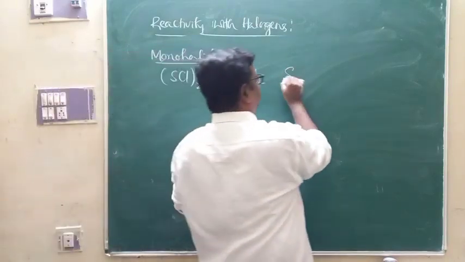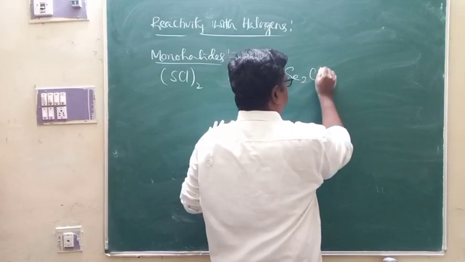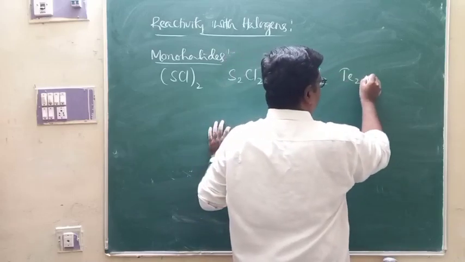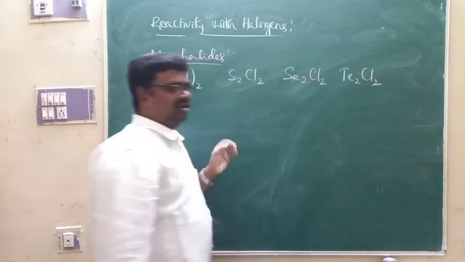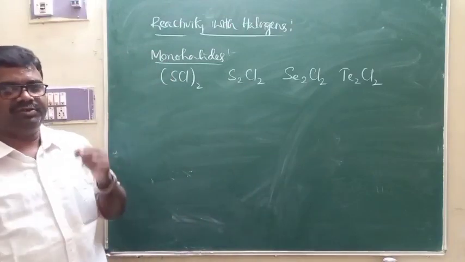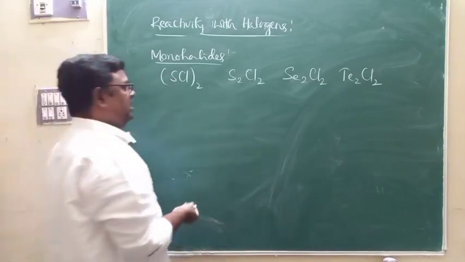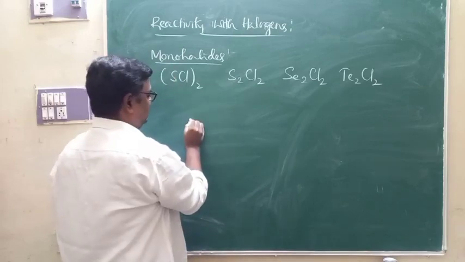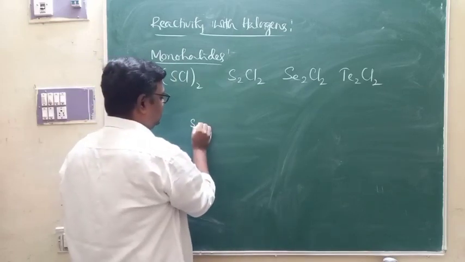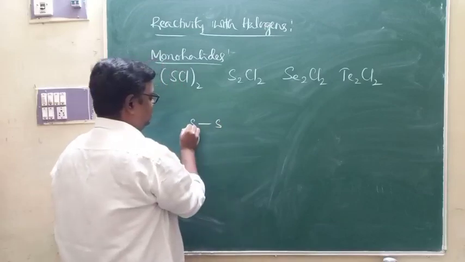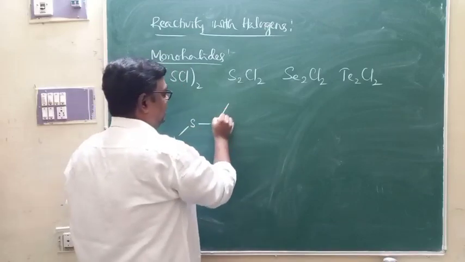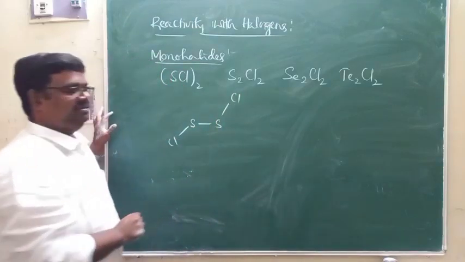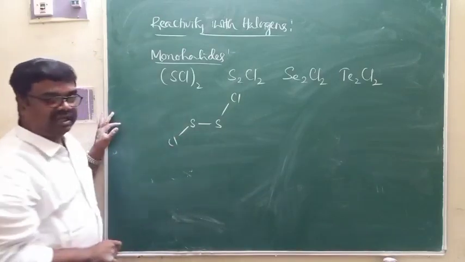That is diselenium dichloride. Ditellurium dichloride. These are the monohalides of group 16 elements. And of course, as far as monohalides are concerned, they are characterized by the shape like this. That is S to S, and this is Cl, and it will be Cl. This is also bent shape. That is S to Cl to there.